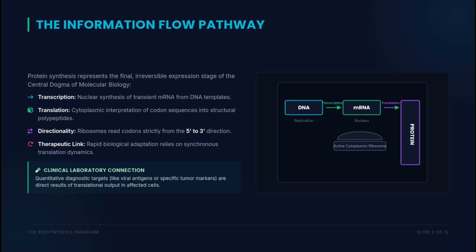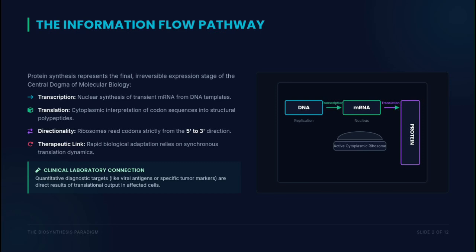To understand translation better, we need to look at the flow of genetic information. DNA stores genetic information inside the nucleus. During transcription, DNA is copied into mRNA. The messenger RNA travels to the ribosome where translation occurs.